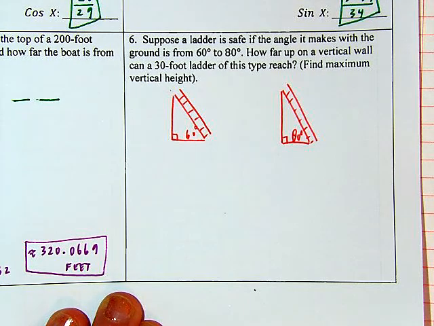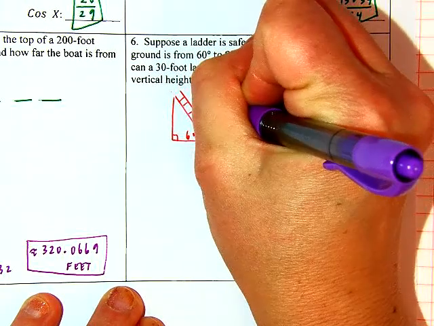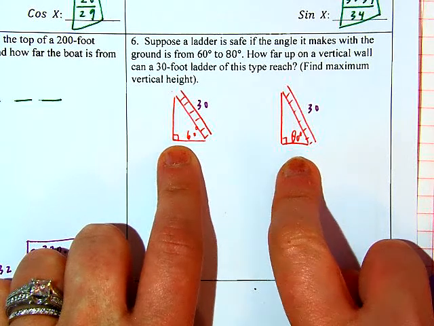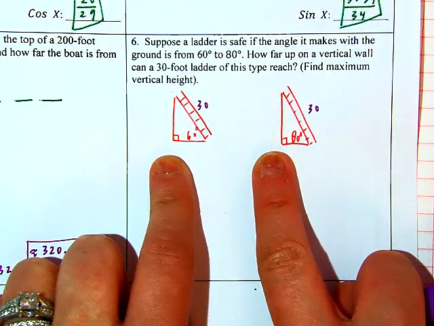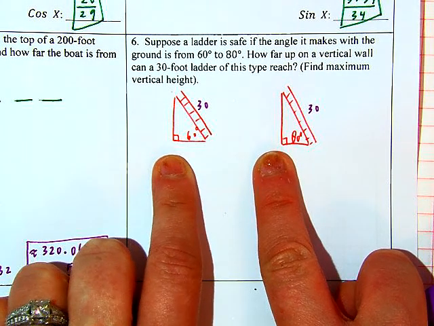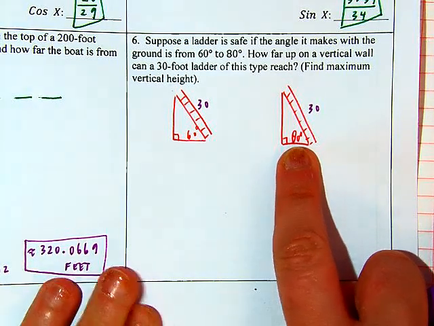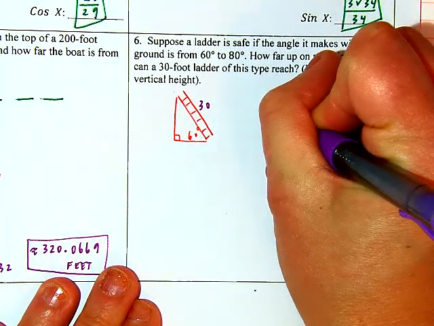So it's saying essentially find the maximum vertical height. The ladder is 30 in both instances, but in which scenario will I get a maximum vertical height? Well, it should be this one right here, the one where the angle is 80 degrees. This would be the x that I need to solve for.